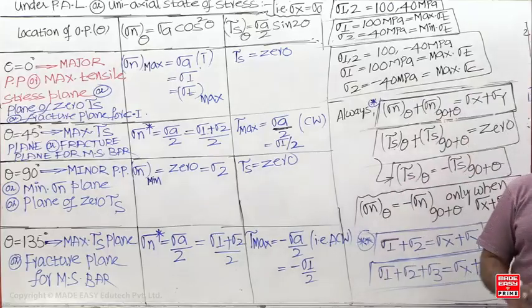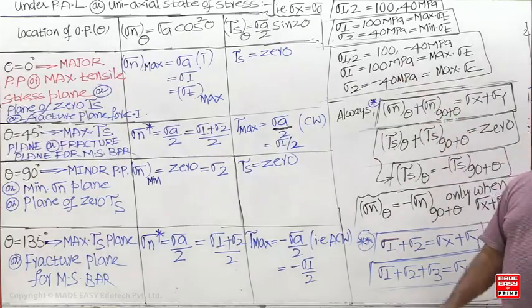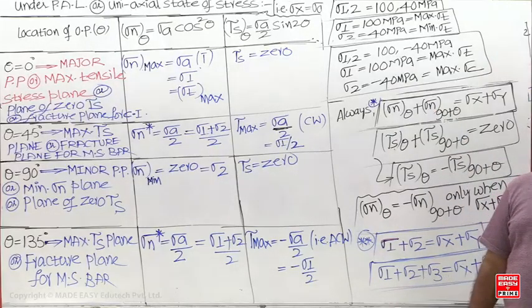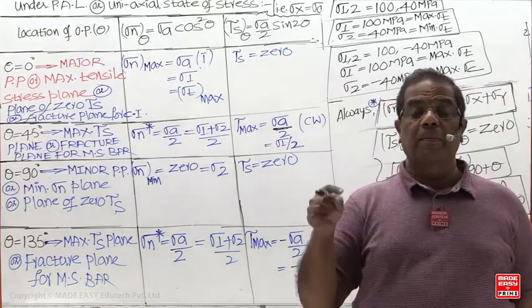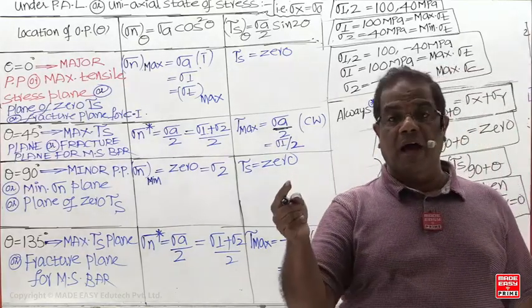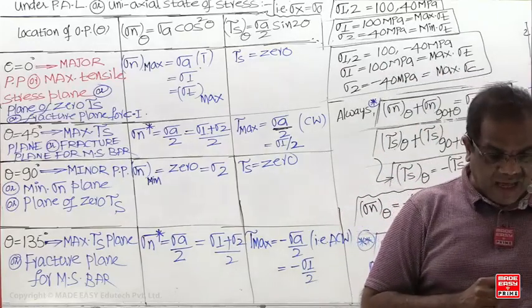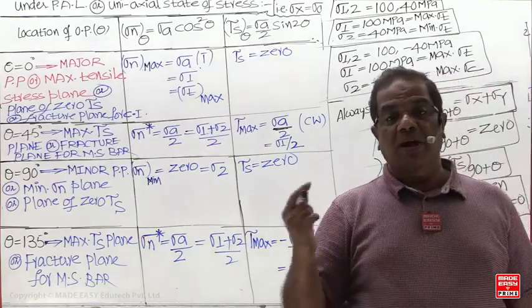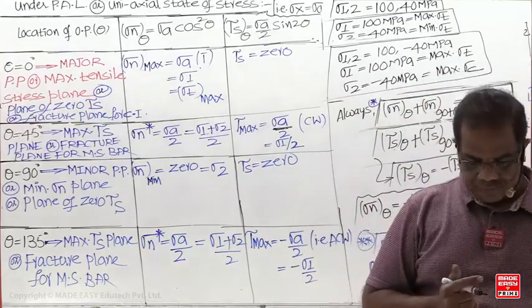Remaining all the planes have tensile stress values less than 100, and compressive stress values less than 40. So when should I use the words maximum and minimum? Principal planes are called maximum and minimum normal stress planes when the principal stresses are like in nature. But when they are unlike in nature, one will be called the maximum tensile stress plane, one the maximum compressive stress plane.